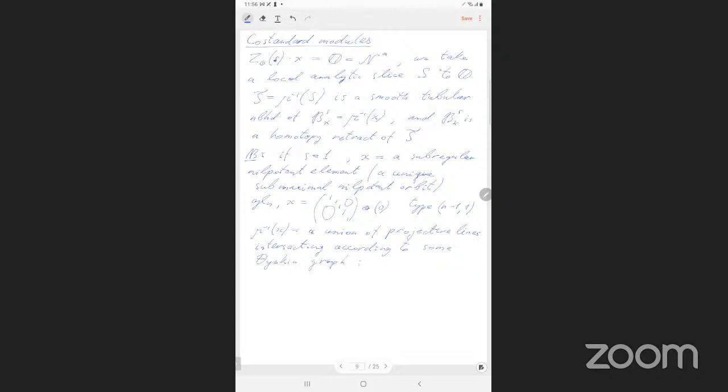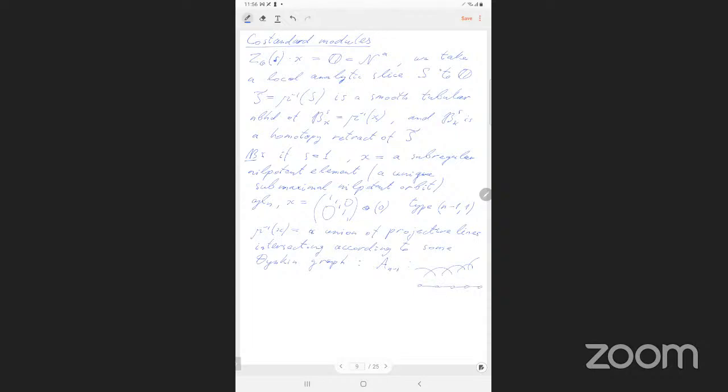What do I mean by this? Say in type GL_N, it will be type A_{n-1}, and so you will have just one P^1 intersect with another one, and so on with the last one. Okay, so the vertices are those components, and the edges are their intersections. So I write vertex here, vertex here, vertex here, vertex here, and vertex there.